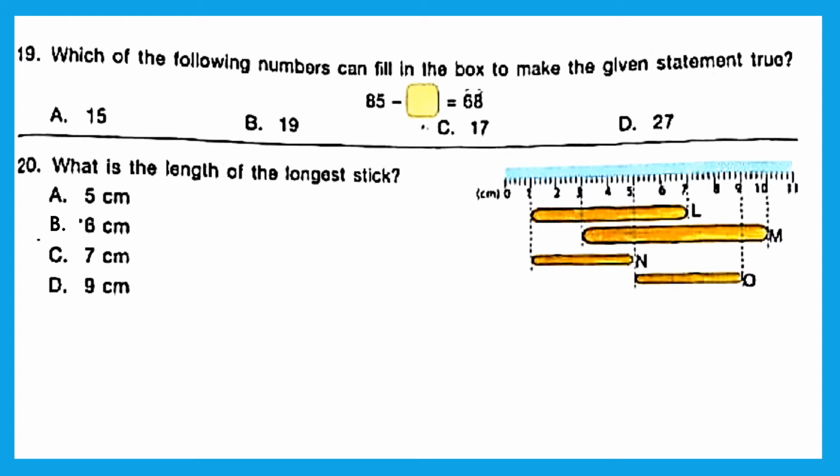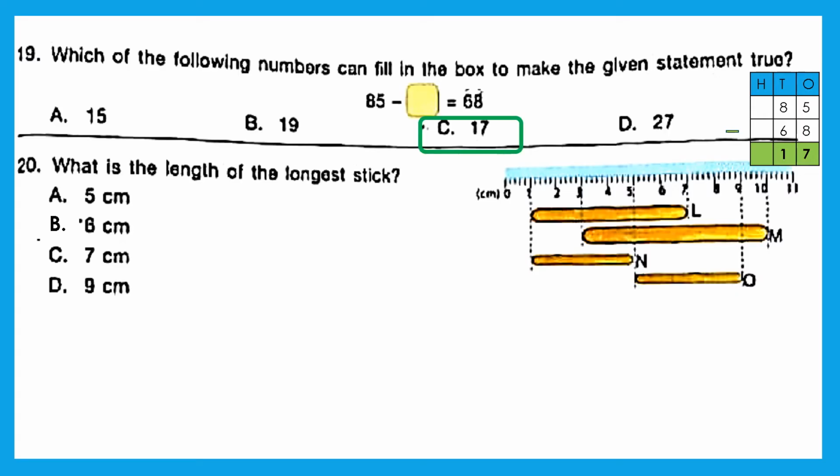So 85 minus 68 will be equal to that something, right? Because that is going to be the other part. You remember that minus and addition relation? That is what we are applying here. So 85 minus 68 is equal to 17. So if we subtract 17 from 85, we will get the other part of the whole number, that is 68. Right answer is option C, 17.